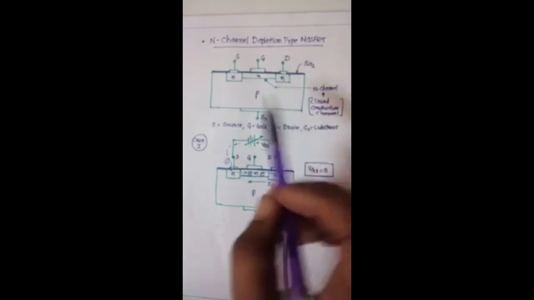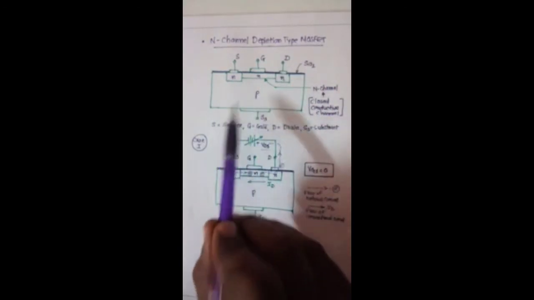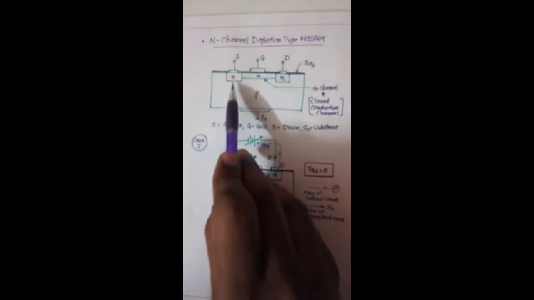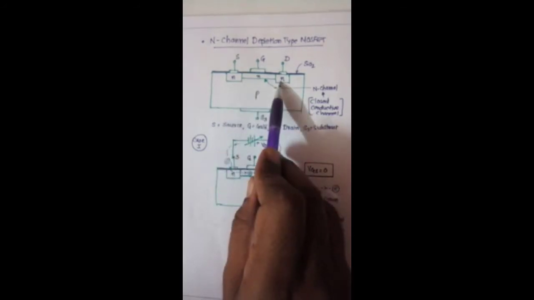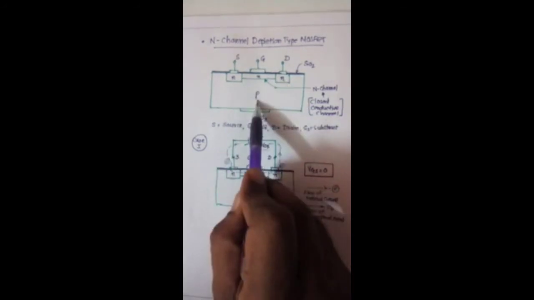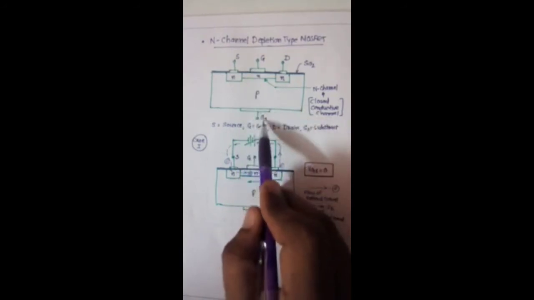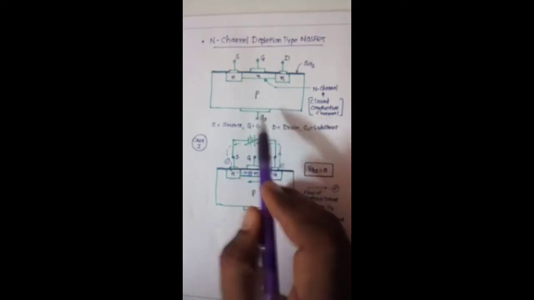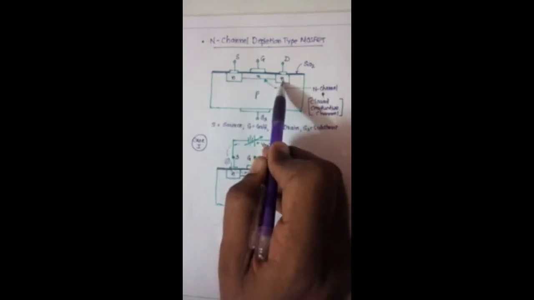So for the N channel depletion type MOSFET, here is the construction. As shown in the figure, we take N type semiconductor material and P type semiconductor material. The P type material is considered as the substrate with terminal SS, and the N type materials are the source and the drain.